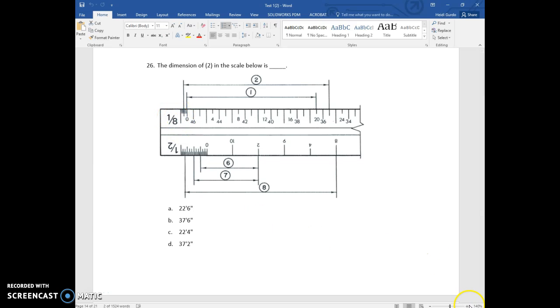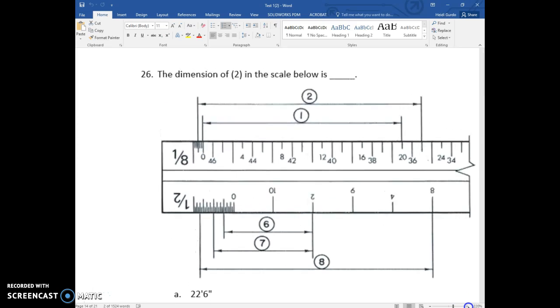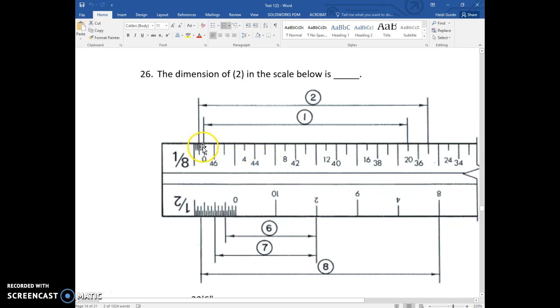So when I look at this, for the 1/8 inch scale, I have 1, 2, 3, 4, 5, 6 tick marks, but it's supposed to represent 12 inches. That means that each of my tick marks is worth 2 inches. So 2, 4, 6, 8, 10, 12.